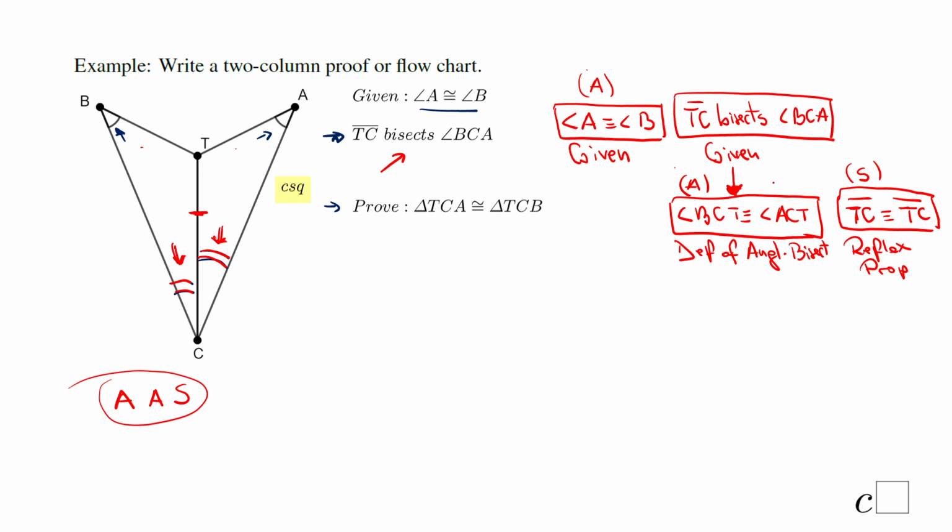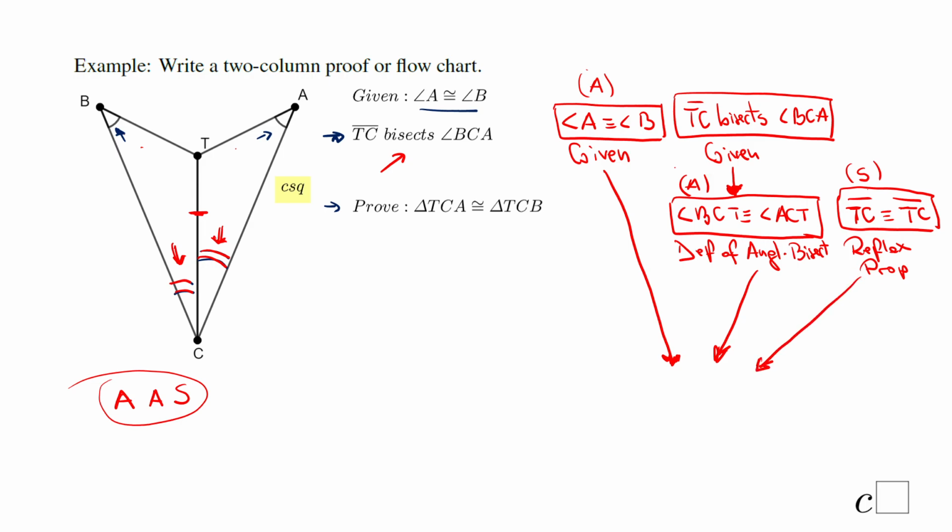Angle, angle, side. Now, from these three statements, oops, something like this. Let me redo those arrows. Sorry. So we have this arrow, right? This arrow. And this arrow, something like this, right?